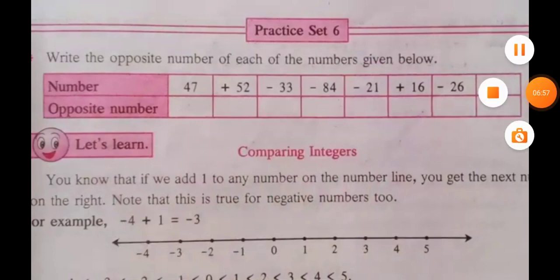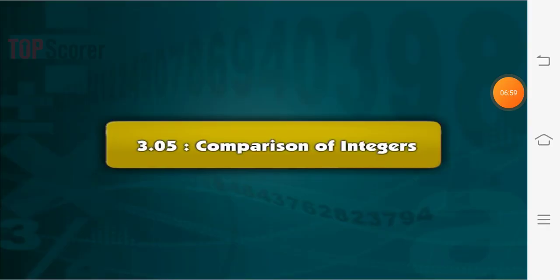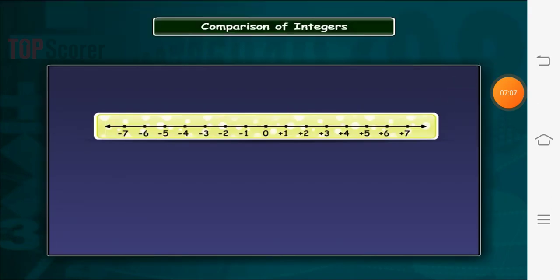It is very easy. Now we will be moving to the next part of this integer chapter, that is comparison of integers. Now children, look at the number line which is given here and observe the numbers to the right side of the 0. What do you see? If we add 1 to the next number, we will get the answer as plus 2.